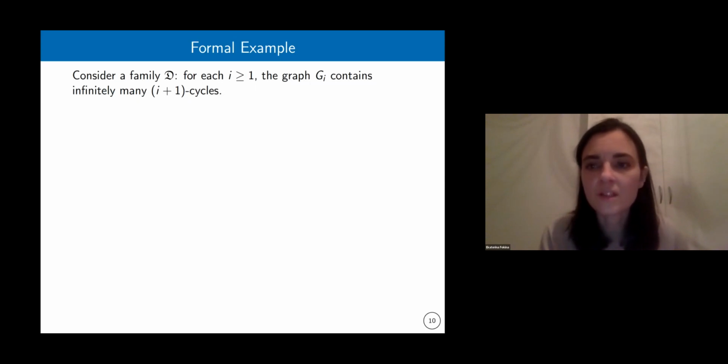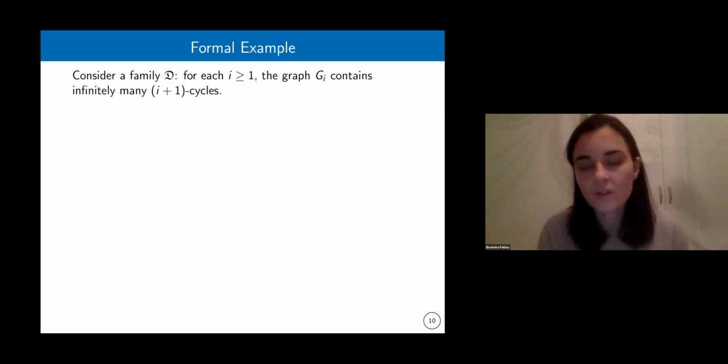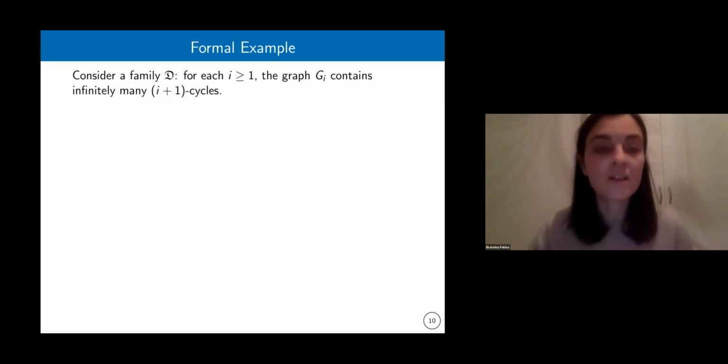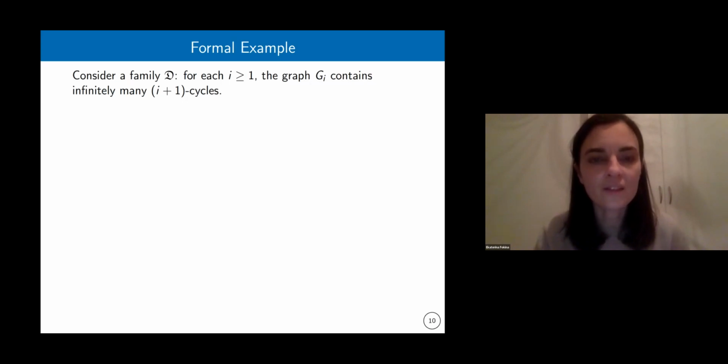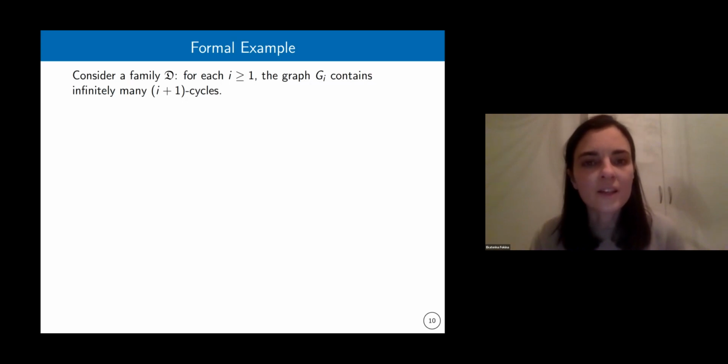Okay, now let's move to the definitions, and I will do it on an example, on an example of graphs, but these can easily be formalized and generalized for arbitrary structures. It's just easier for the intuition, I think, and to make it not too formal and confusing.